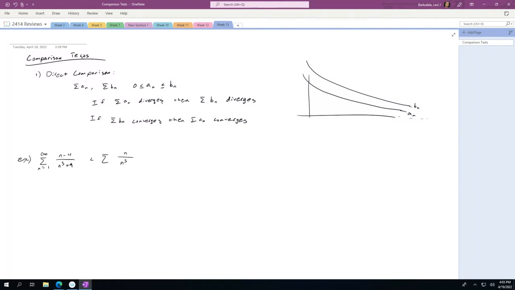So if we divide by n cubed plus 9, that's going to get something smaller than just dividing by n cubed. So we actually have this inequality where the sum from 1 to infinity of n minus 4 over n cubed plus 9 is always smaller than the sum from 1 to infinity of n over n cubed. But this sum is equal to the sum from 1 to infinity of just 1 over n squared, which converges by p-series.